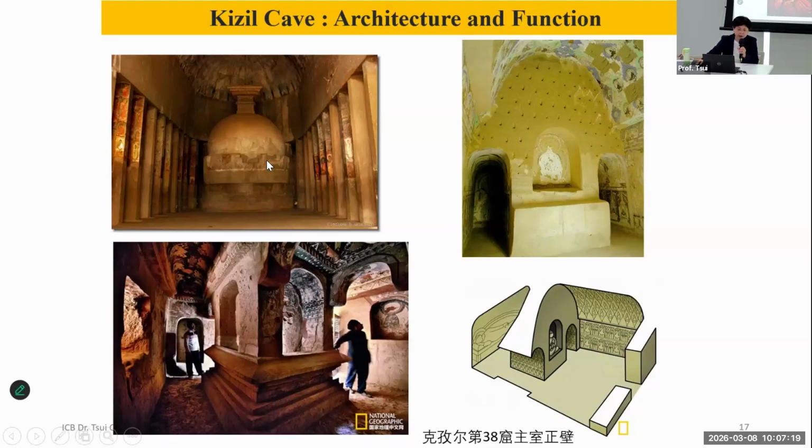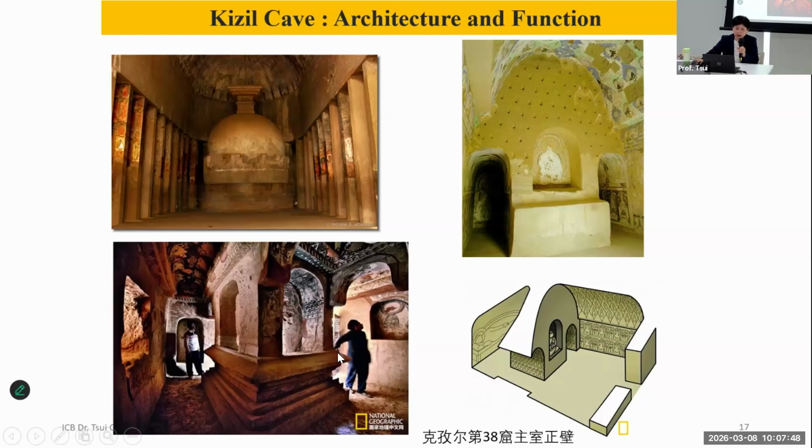But in India, the Chaitya cave has a stupa on top with the umbrella. So the architectural element and type are slightly different from the central pillar cave in Xinjiang. The type of cave in Xinjiang also provides a model that we can see later in Dunhuang.